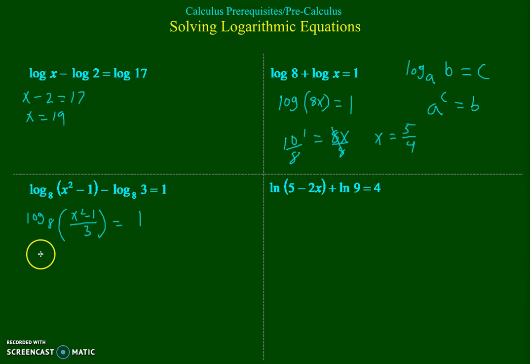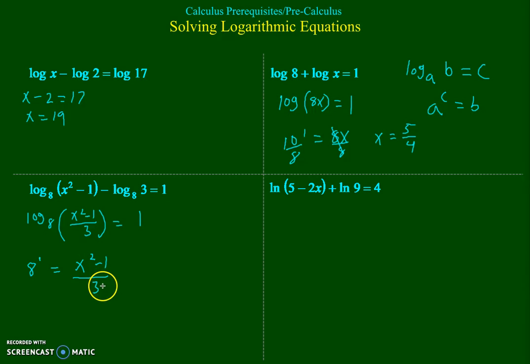Now the base is 8, the exponent is 1, so we don't really have to write it, but we'll write it up there just to show you what I'm doing. There's a 1 equals this guy, x squared minus 1 over 3.